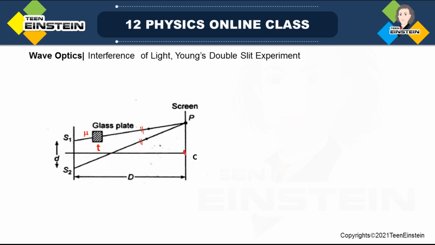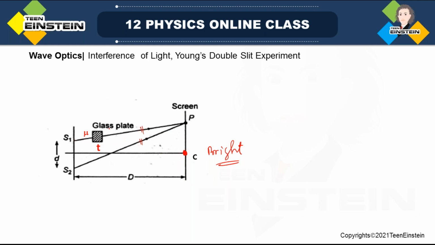But the central point of the screen will always be bright. Whether this central fringe always remains at the center, or under what condition it gets shifted, is the question.